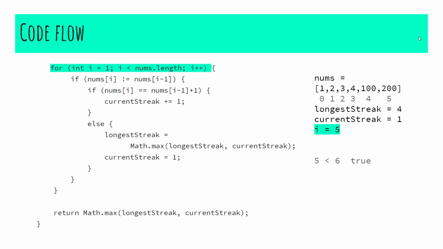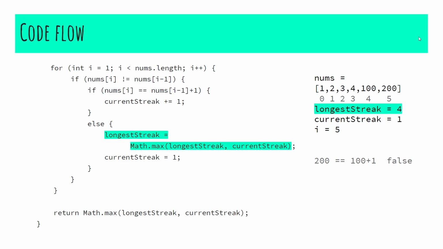Again, in my next iteration, now the current element will be 200. Since 100 and 200 are not equal, we'll jump into the if block. Here, since 100 and 200 are also not consecutive elements, we'll move to the else block and again store the maximum of longest streak and the current streak.